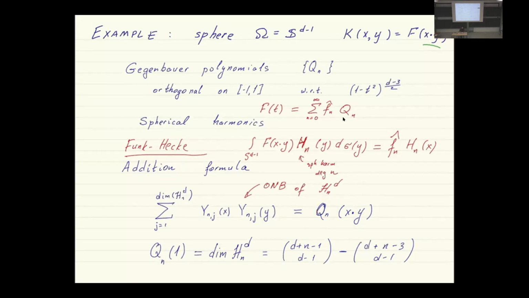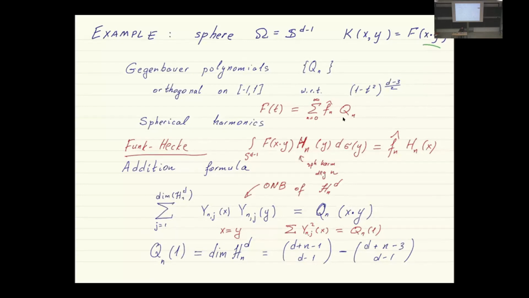Well, if we now take x equal to y in this formula, on the left-hand side you just get the sum of squares of the elements of the orthonormal basis, and on the right-hand side, you get Qn of 1. So you find that the sum of squares does not depend on x.